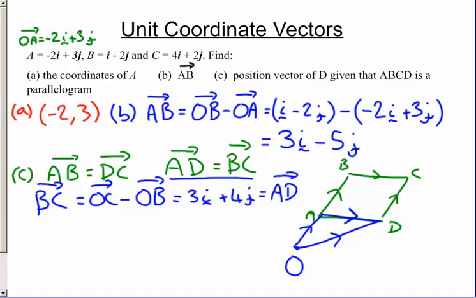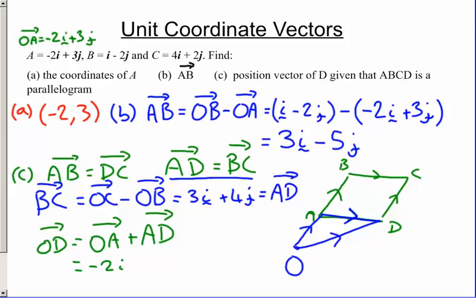So that's the last step now, to find OD, which is equal to OA plus AD, which is equal to minus 2i plus 3j, because that is just the vector A that we had at the beginning, plus AD, which we just worked out was 3i plus 4j.